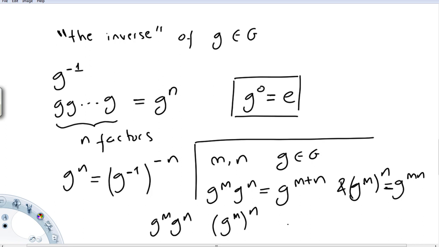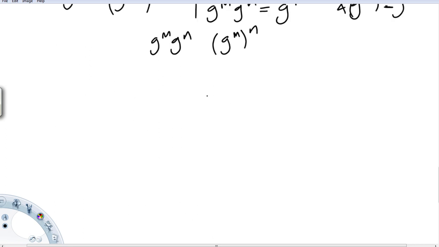But one has to be really careful here, because for groups in general, AB to the power of n is not the same as A to the power of n, B to the power of n.